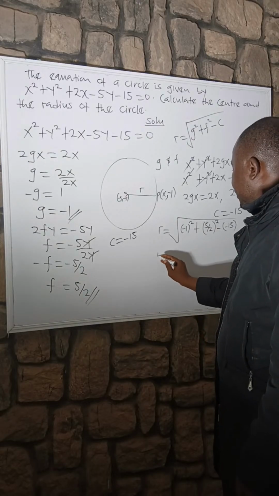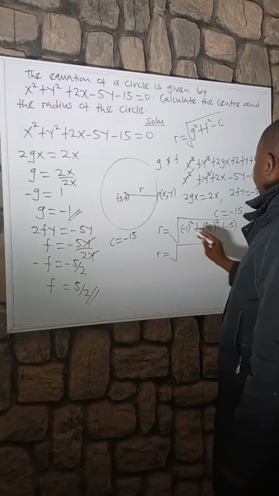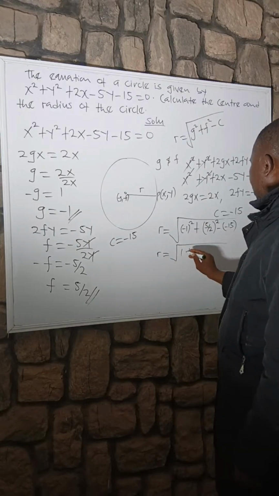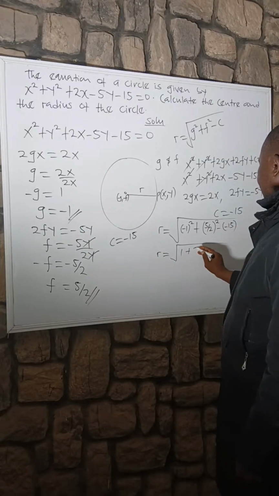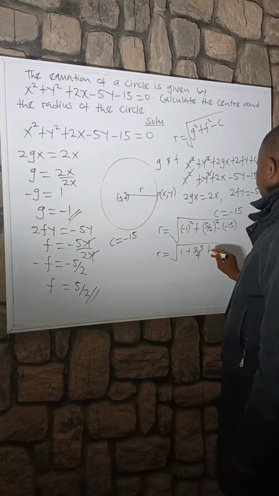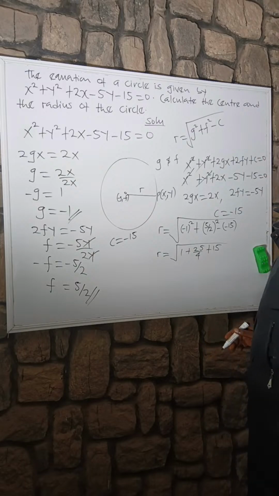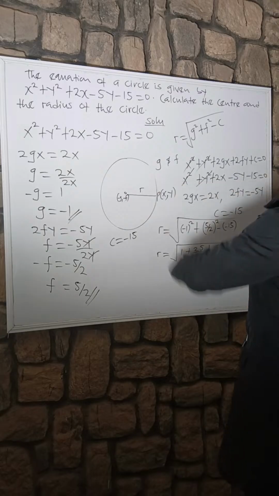So here we are going to have r equals the square root of, this is 1, plus here is 25 all over 4, then plus what? Plus 15. Do you agree with me? Plus 15. So let's go for the LCM.